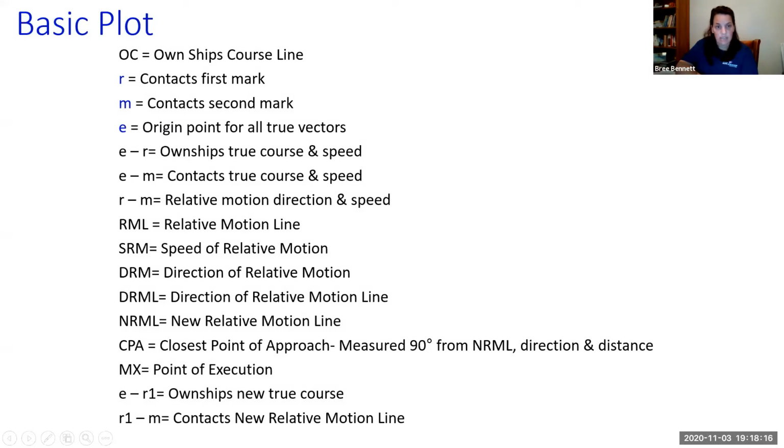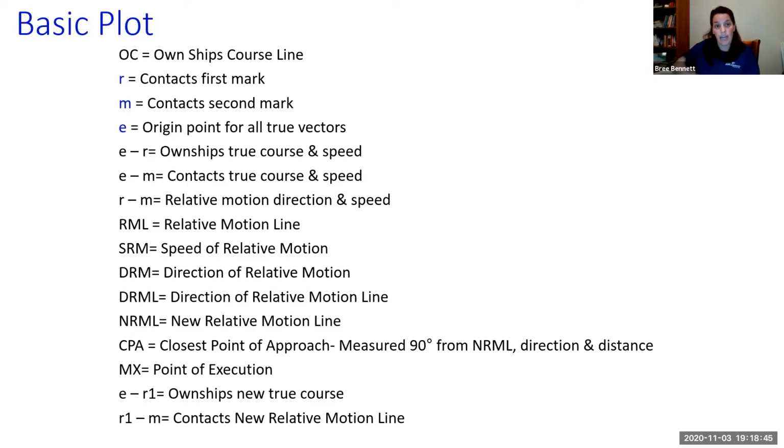We have our big long list of what we are going to learn today. So our own ship's course line, I always like to put in our heading flasher. Like on the radar screen, we'll have a line of where our heading is pointing. So that's one of the first steps when we're plotting, is to plot where our heading line is.